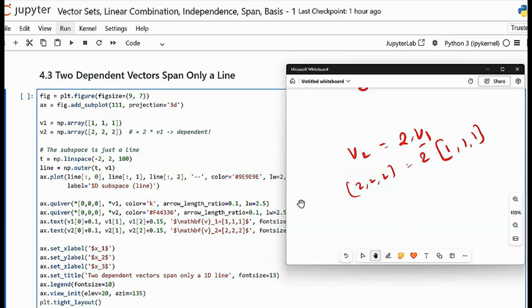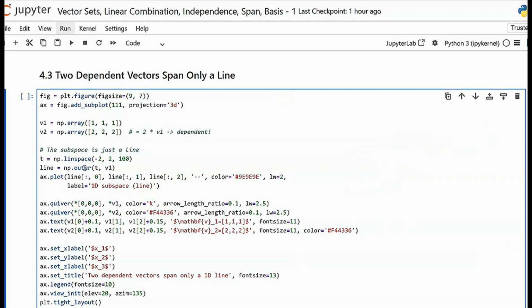Let me move on. Here we are going to generate scalar values, 100 values from -2 to 2. Let me compute all the scalar multiples with this t and v1.